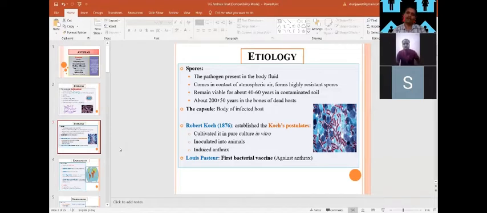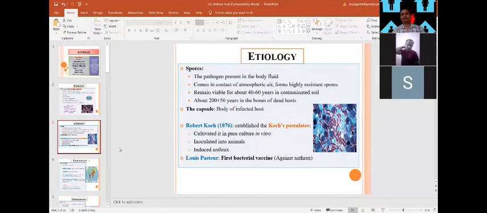Spore formation is a protective mechanism, and after it the organisms are protected from adverse environmental conditions. The spores of Bacillus anthracis remain viable for mostly 40 to 60 years in contaminated soils, and up to 200 plus or minus 50 years in the bones of dead animals.